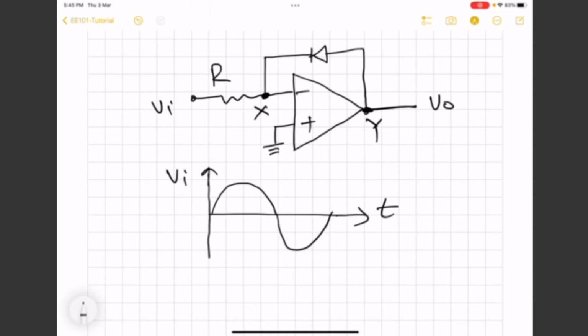So this is our input, and you can take this input now as 300 millivolt, the case which could not be handled by the simple rectifier.